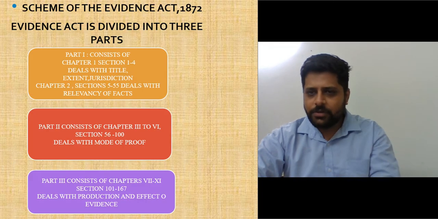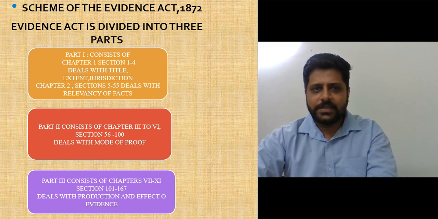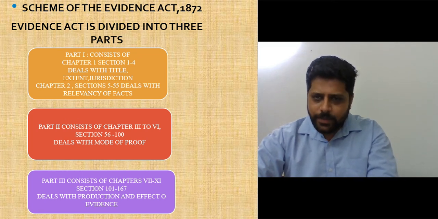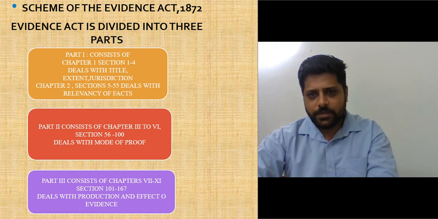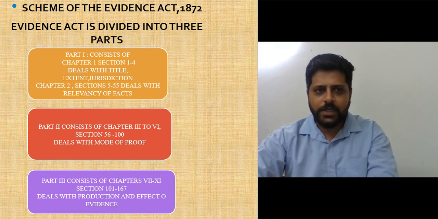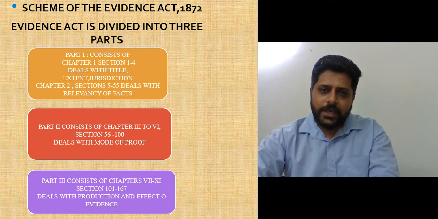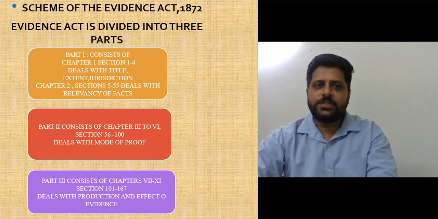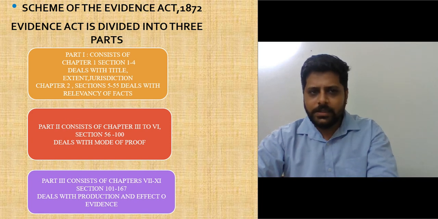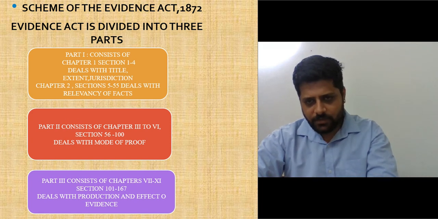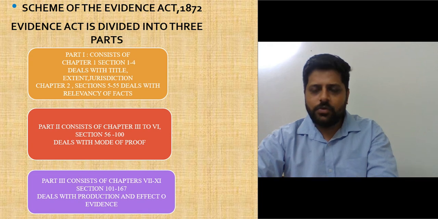The Evidence Act is divided into three major parts. The first part consists of chapter one and chapter two, and consists of sections 1 to 55, and all these sections talk about the relevancy of facts, that is, what facts are relevant in a court of law.